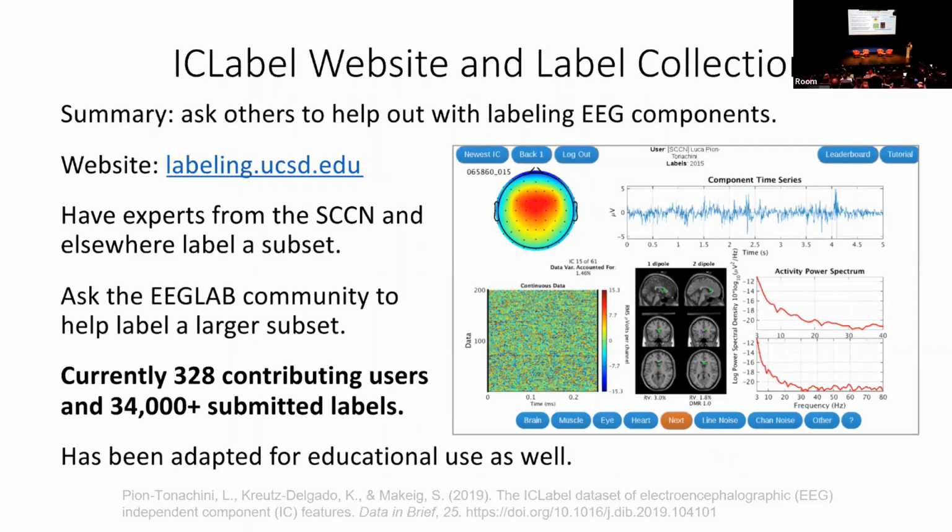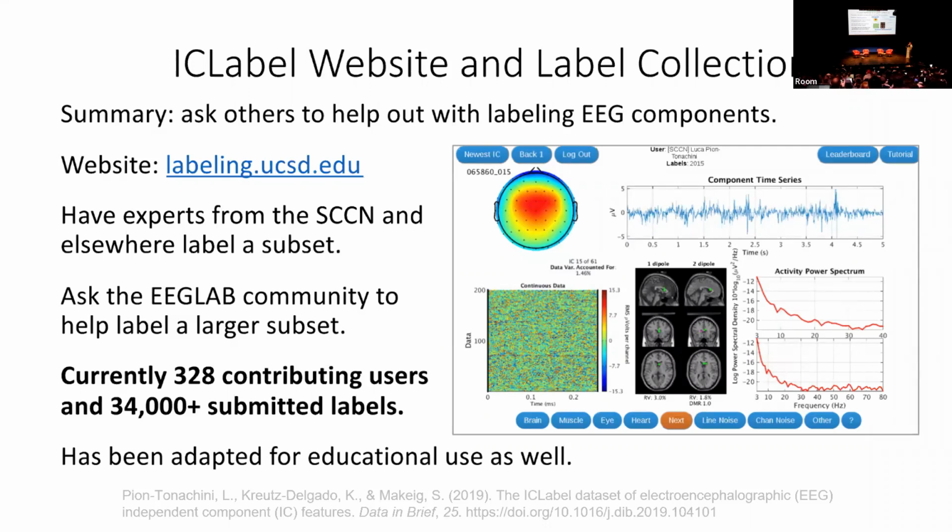The problem is usually, once you run ICA, how do you select the brain components? That's also really subjective. So there are efforts to automate this process, an automated method to select brain and artifact components.